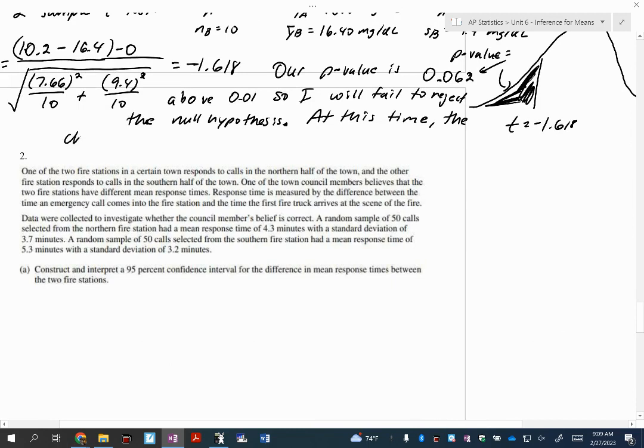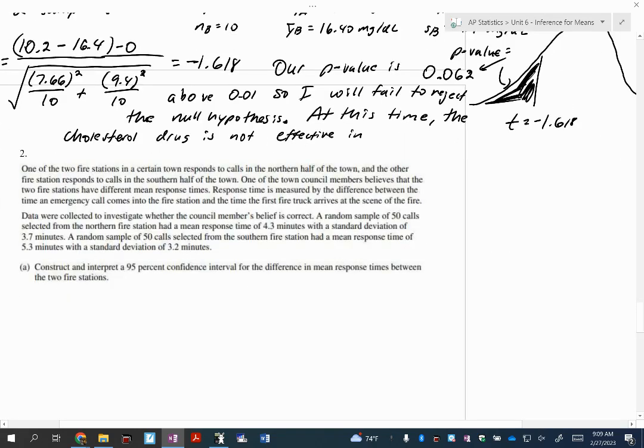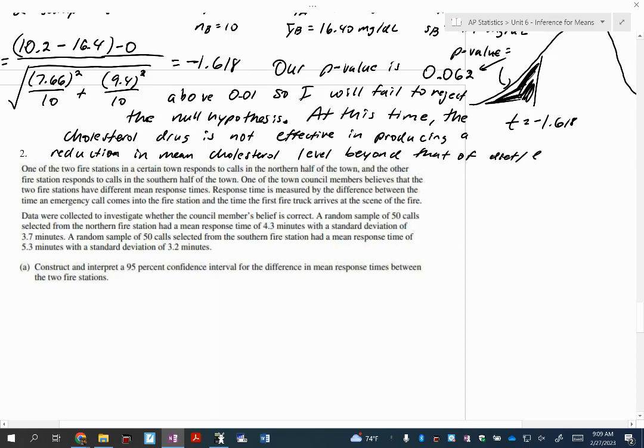The cholesterol drug is not effective in producing a reduction in mean cholesterol level beyond that of diet and exercise.